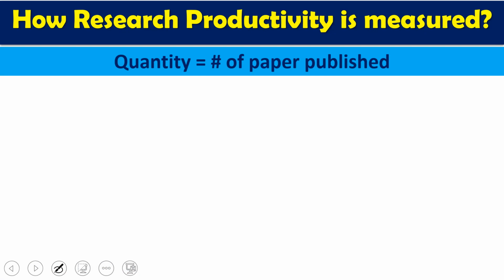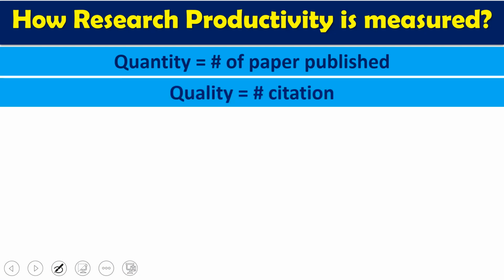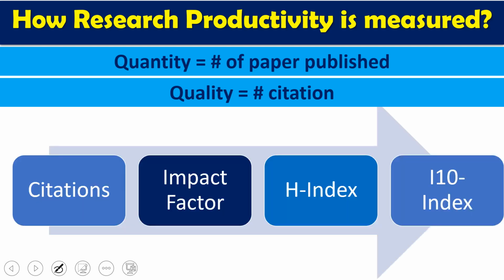When we measure scientific productivity in terms of quantity, we talk about the number of papers published. And when we talk about the quality of the productivity, then we talk about the number of citations. This citation varies depending on a number of parameters and other components.